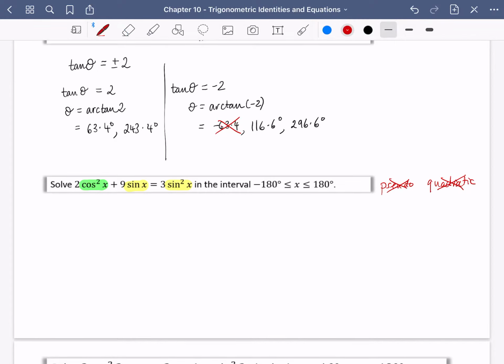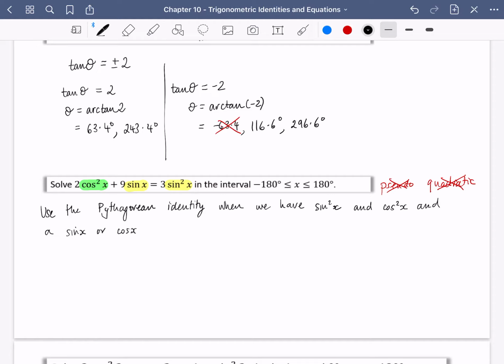What we're going to have to do instead is use an identity. We are going to use the Pythagorean identity. We use the Pythagorean identity when we have sine squared x and cos squared x, and a sine x or cos x, and you'll see what will happen.